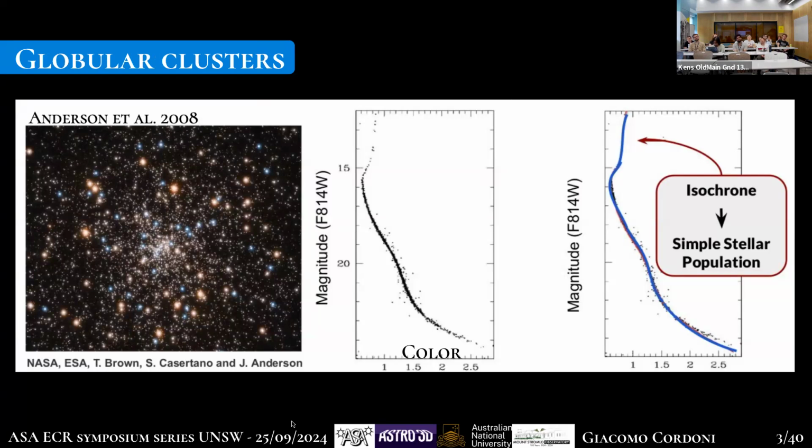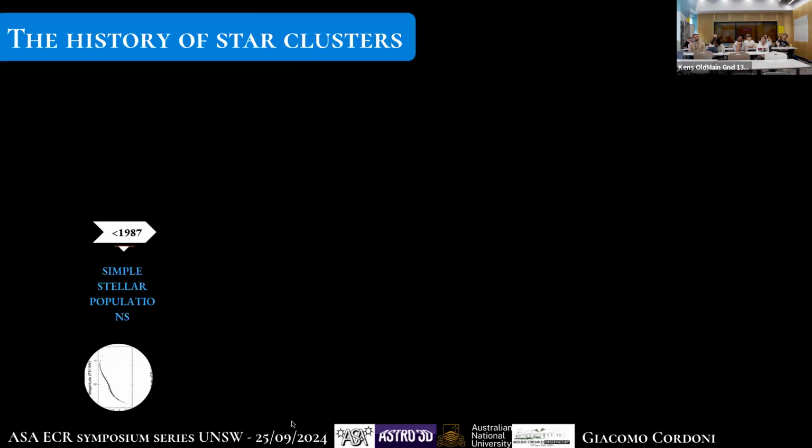The blue line is the prediction from the isochrone of a simple stellar population, and you can see there is a very good agreement between the observed CMDs and the theoretical isochrone. So the conclusion is that globular clusters are composed of simple stellar populations: stars formed all together at the same time from the same molecular cloud in the same star formation episode, so they have the same properties. And this is where we start.